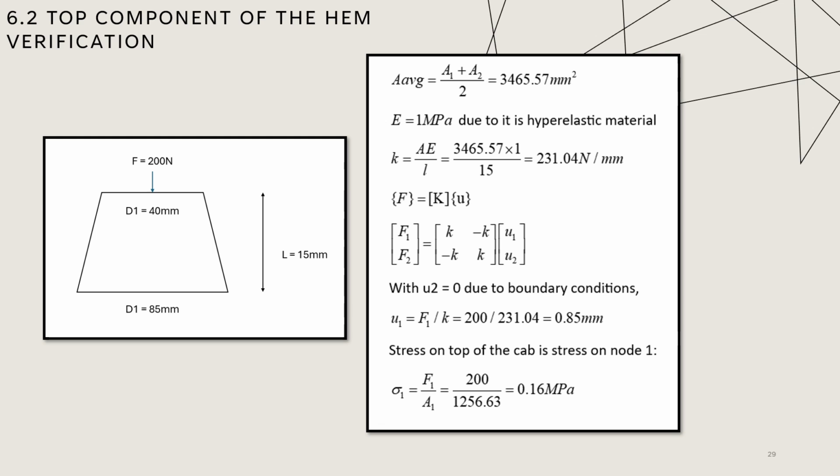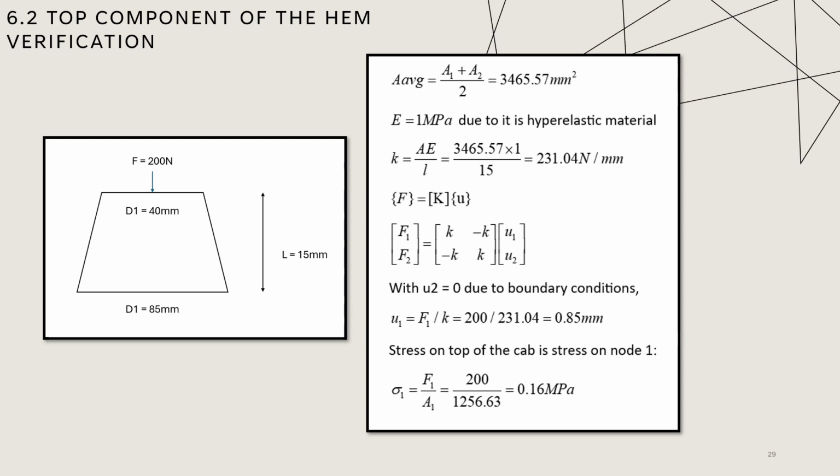After calculating, we see there is some difference in the stress. The stress of 0.16 MPa is different from the stress we got from ANSYS, which is 0.097, roughly 0.1 MPa.